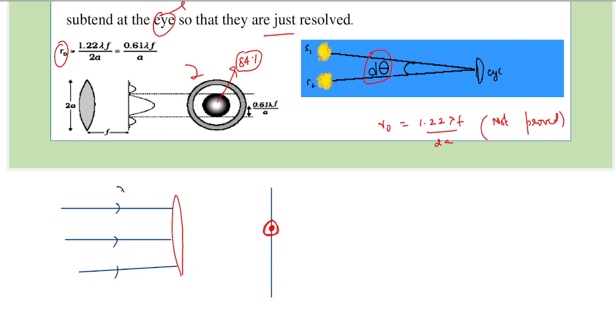Lambda is the wavelength of the light falling on the lens, and 2a is the diameter of this lens. Some books write just a, so observe it, but basically what comes in the denominator is the diameter of the telescope, and f would be the distance between the lens and the screen or human eye. This is the pattern we get here.